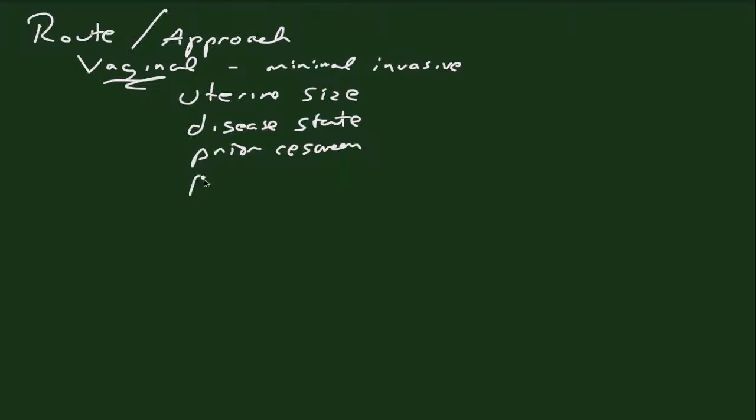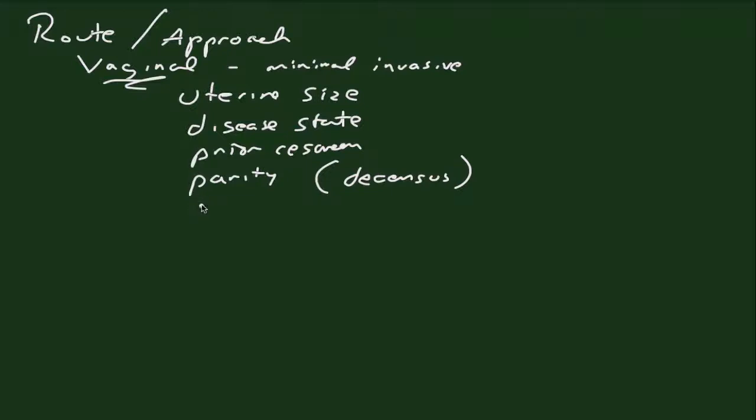The patient's parity is important. A patient who's had multiple vaginal deliveries is more likely to have some descensus of the uterus, meaning there's going to be some laxity of support for the uterus, and that makes the connections between the uterus and the pelvis easier to reach in many cases.